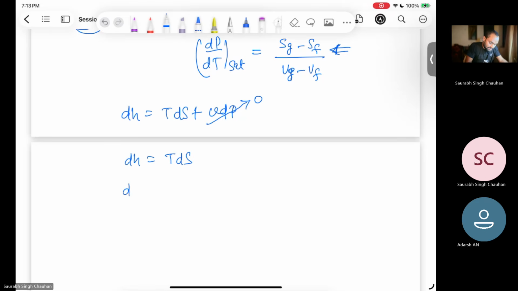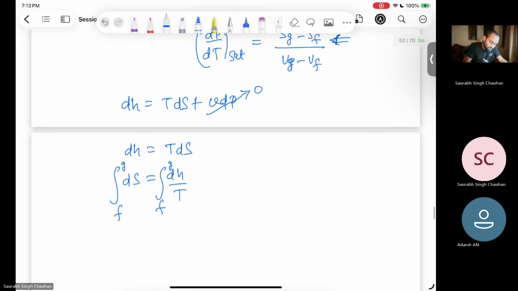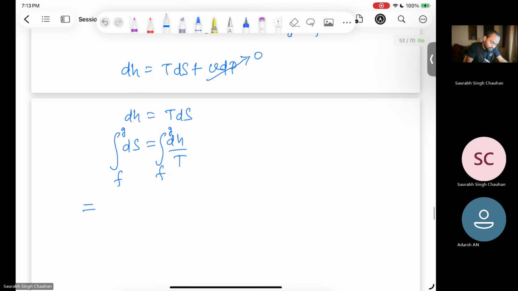So dS is equal to dH divided by T, and you can integrate that from fluid to gas. If you integrate this dS, the limits will be from fluid entropy to gas entropy, so Sg minus Sf.